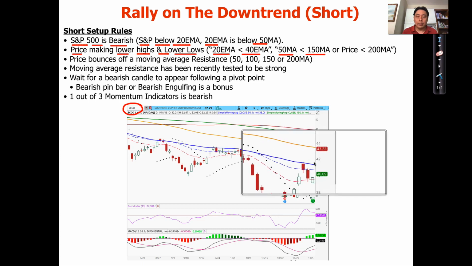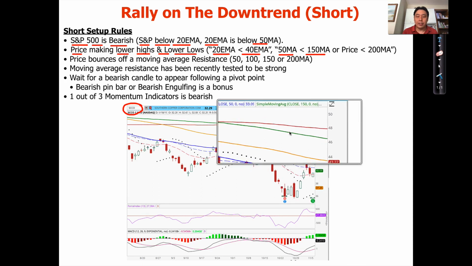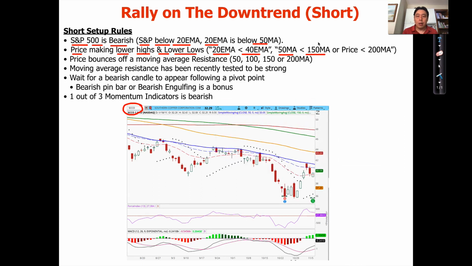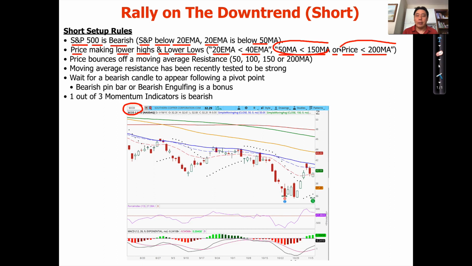So the blue line, the 50 simple moving average, below the 150 simple moving average. This condition must be met, or at the same time, the price could also be below the 200 moving average, which is the red line over there, and the 200 is sloping down. So either one of these conditions must be met together with the 20 below the 40 EMA.